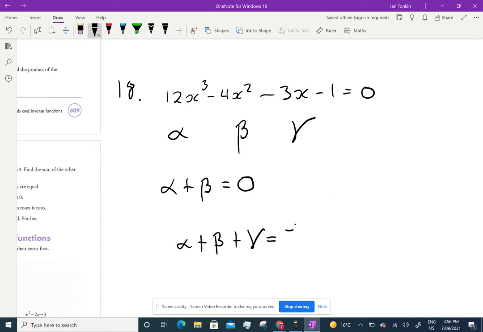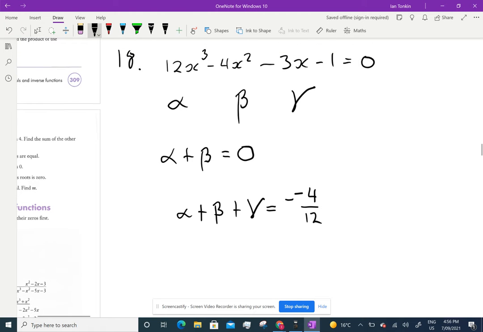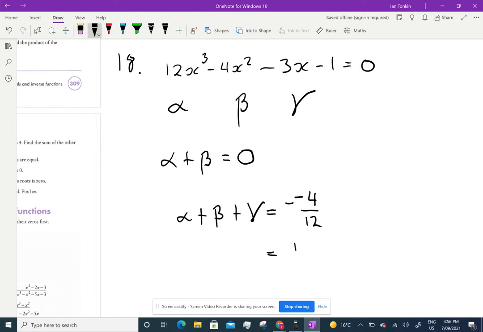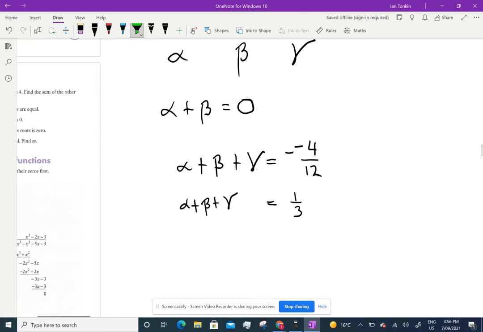Well, that's minus 4 on 12, which equals a third. Alpha plus beta plus gamma equals, but alpha and beta, they equal 0. So therefore, gamma equals a third. So there's your first one.